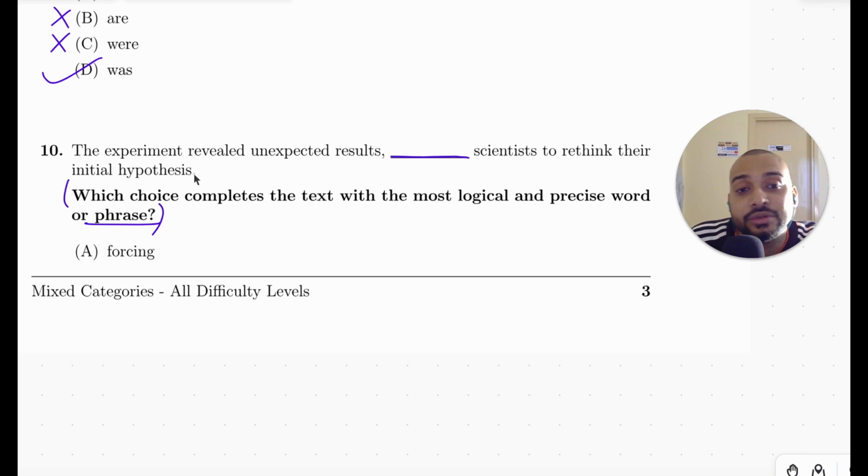So the idea is that the experiment revealed something unexpected, because of which the scientists had to rethink their initial understanding. So this might be a word which represents some force on the scientists, but let's check the options. Option A, forcing, looks correct for now. Let's look at the other options to see if any is better.